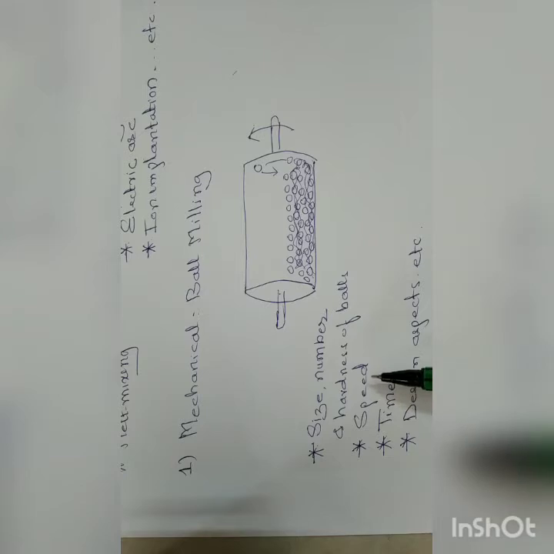The speed of the drum is also an important aspect. The amount of time you do this rotation also decides the final size of the nanoparticles. And in fact, other design aspects come into this technique which decide the quality of the final product.